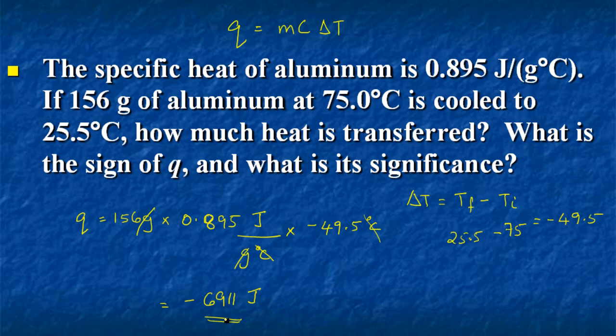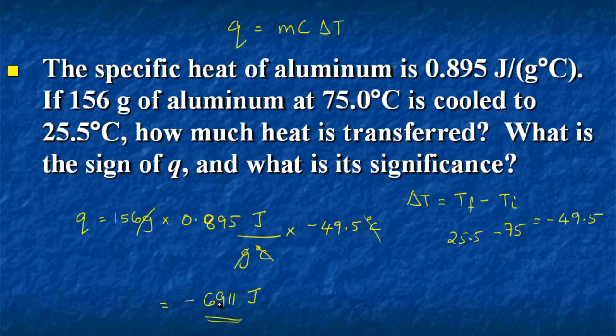So, okay, we calculated the Q. It's asking what is the sign of Q? Of course, it is negative. And what is the significance? Q is negative means what? What reaction is this? It is an exothermic reaction. Q negative means the heat is released, or heat is removed from the metal to the surroundings.